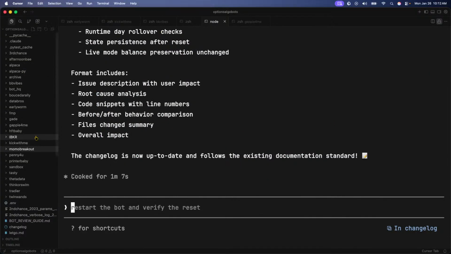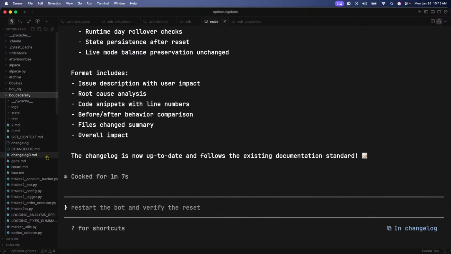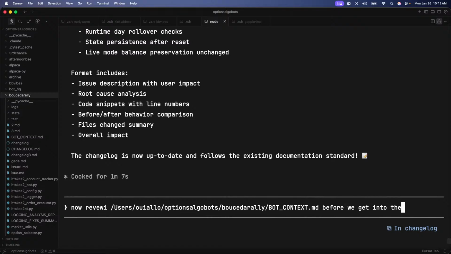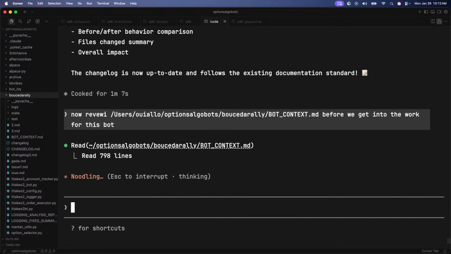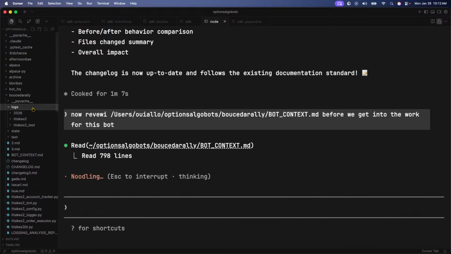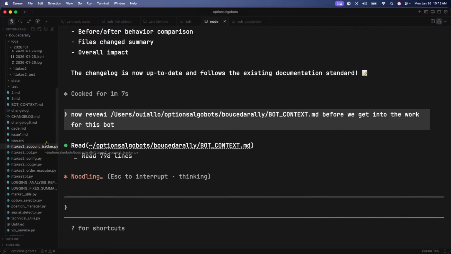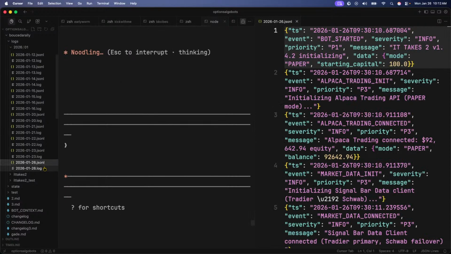All right. It Takes Two. I would name it something different. There you go. All right. Now review, before we get into the work for this bot, go ahead and get me right. I see how it's nice and organized.